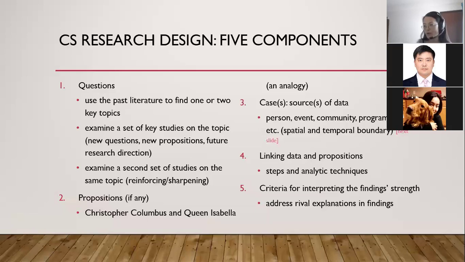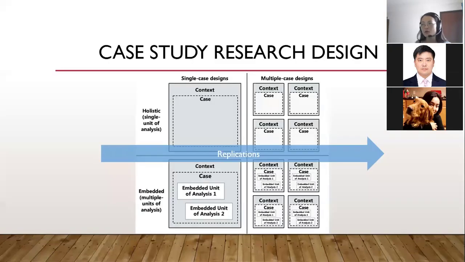So the more rival situations you can reject, the better your result can be generalized. So that's one rule of thumb for evaluating the quality of your case study: how many rival explanations you include and address in your research. That's very important.